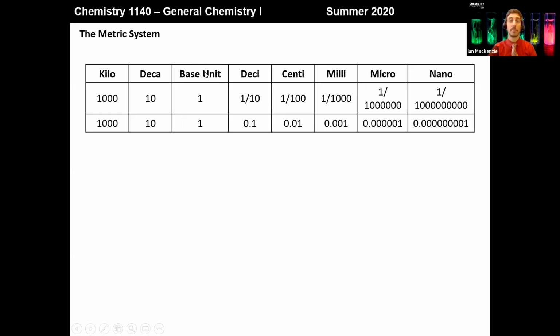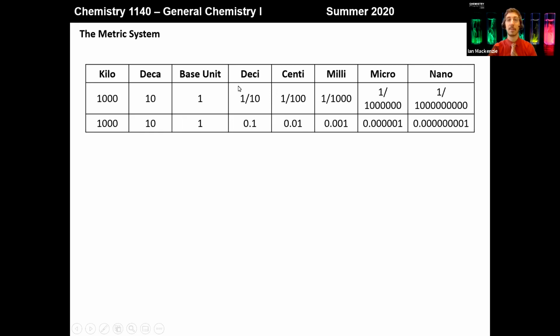So for example, if I've got kilo, that means I have 1,000 of the base units. Deca means I have 10 of the base units.